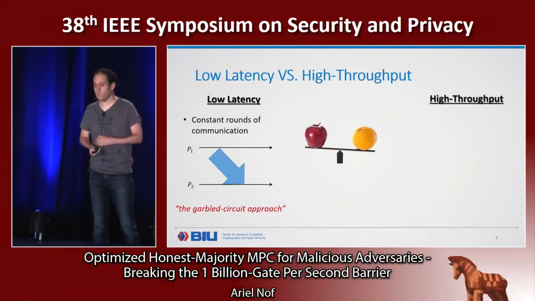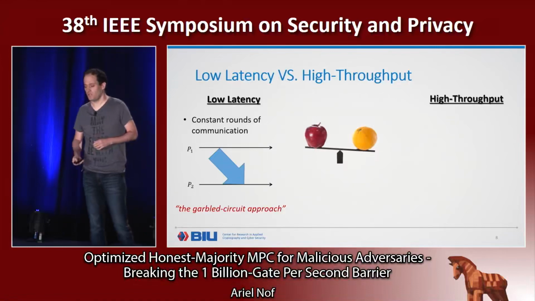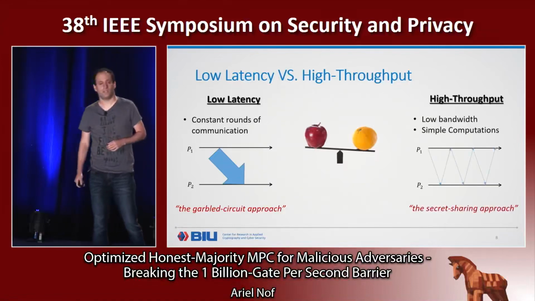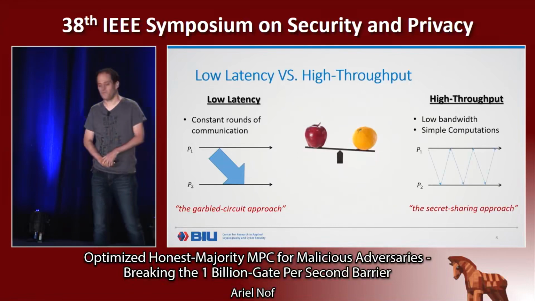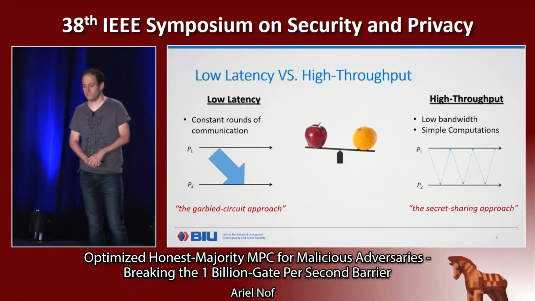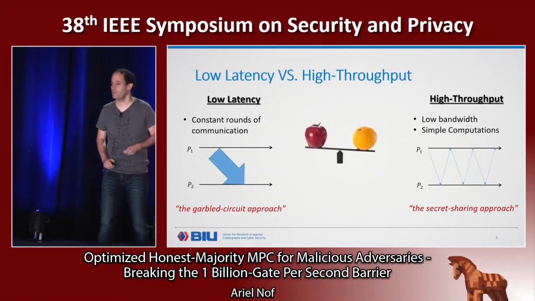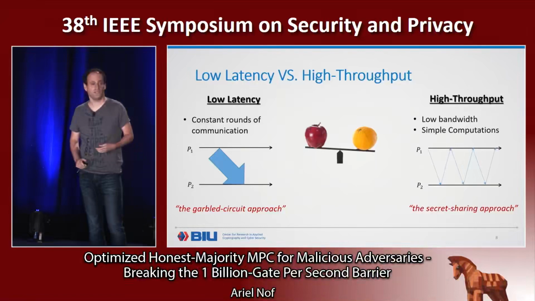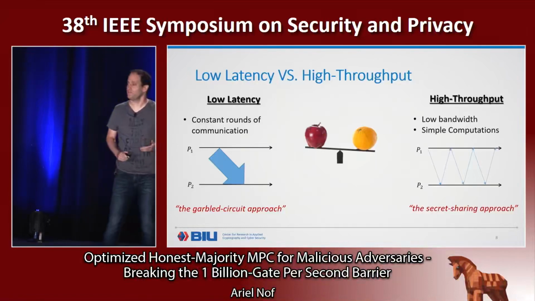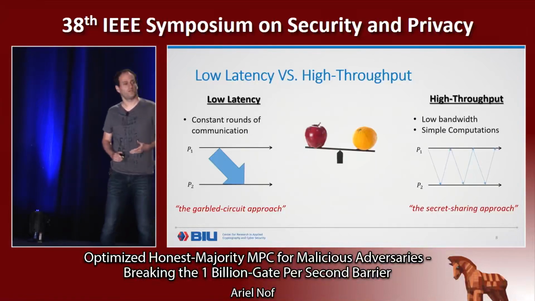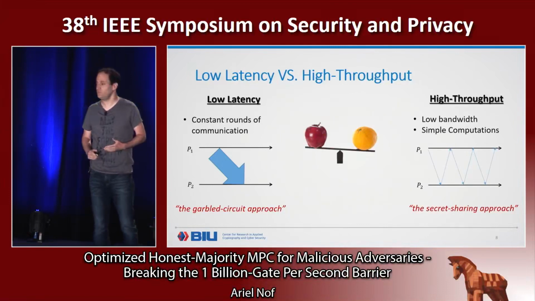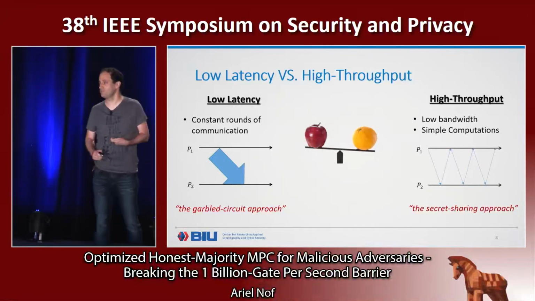On the other hand, if you want to achieve high throughput, then you will care less about the number of rounds of communication and more about low bandwidth and simple computations. The reason for that is because even if a party waits for messages to arrive, then meanwhile it can start the next computation.